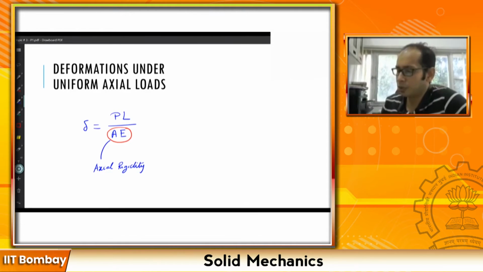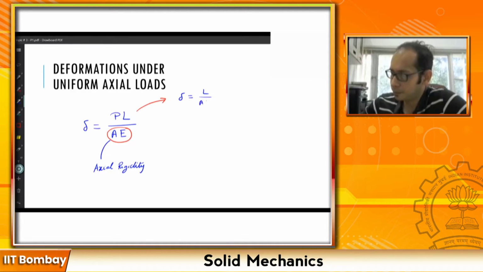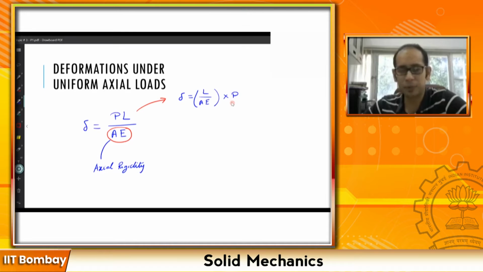Now, a couple of derivatives from this particular formula, which you will make use of maybe now or in some of your future courses. So if I take this particular formula again, and write it in a slightly different way, delta equals L by AE times P. What it essentially means is that if my applied load P is equal to 1, the deformation I am going to get is L over AE, because it is L over AE times 1, right?